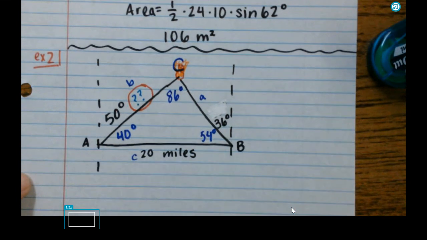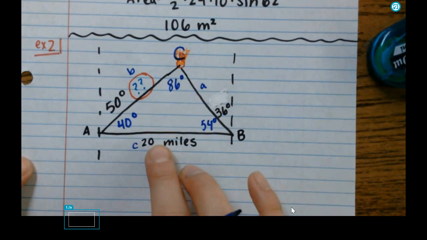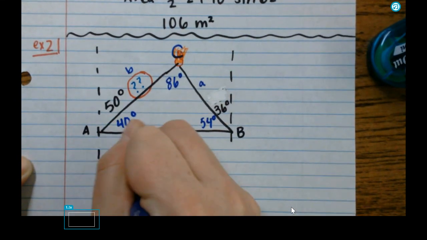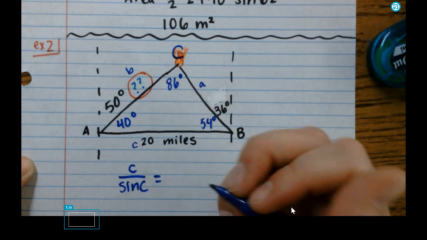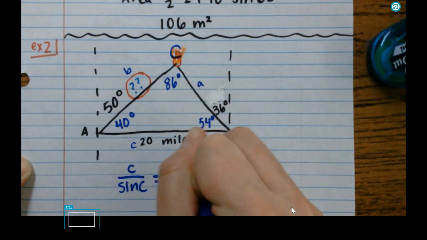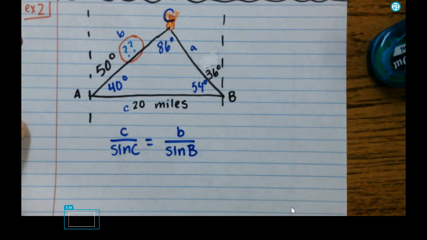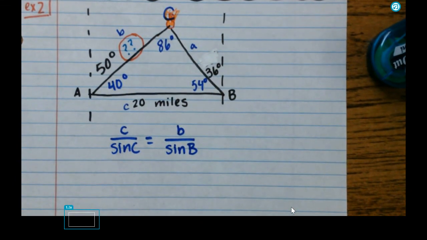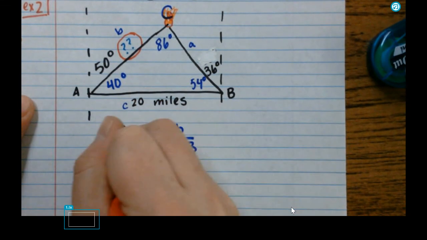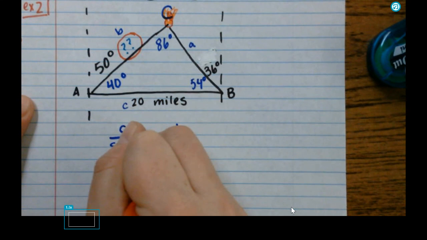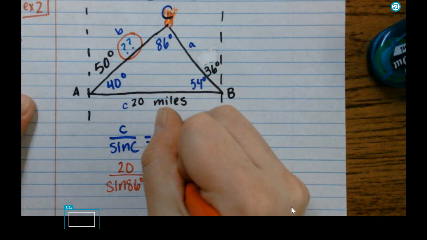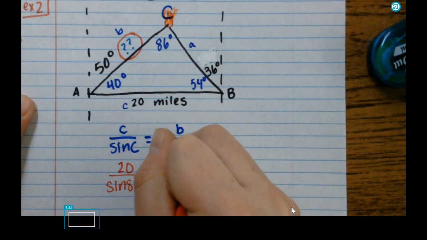And then now I can use my ratio for C. So I'm going to do c over sine of C equals b over sine of B. I know everything except for little b, so I can just plug all of that in. Little c is 20, so I've got 20 miles over sine of 86 degrees equals little b, which is what I'm trying to solve for, over sine of 54.